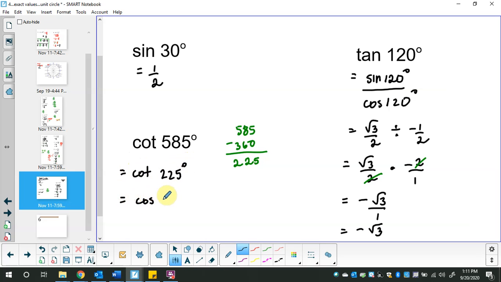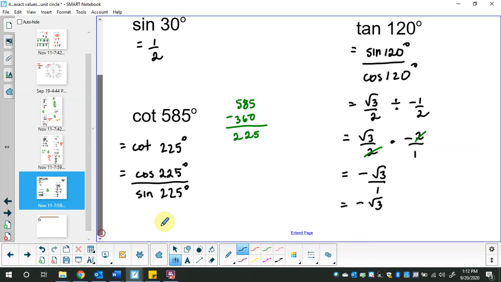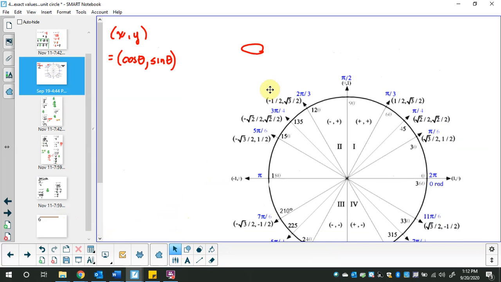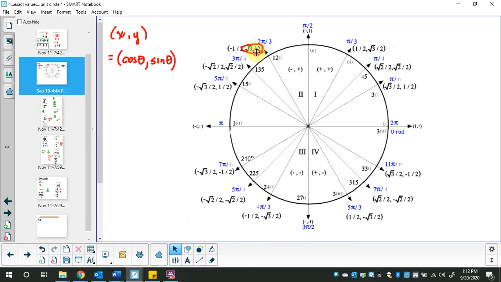Cotangent is cos over sine. 225 cos then sine.